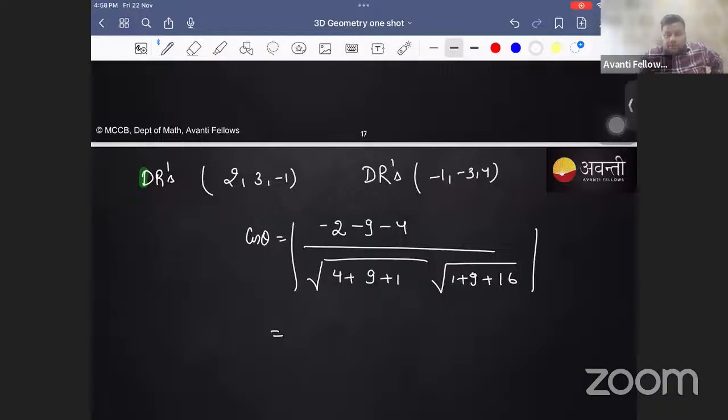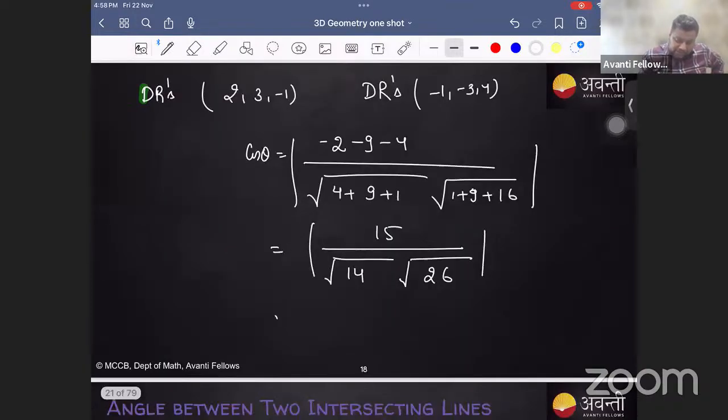So that will be 15 upon root 14 and root 26. So theta is cos inverse of 15 upon 2 root 91.